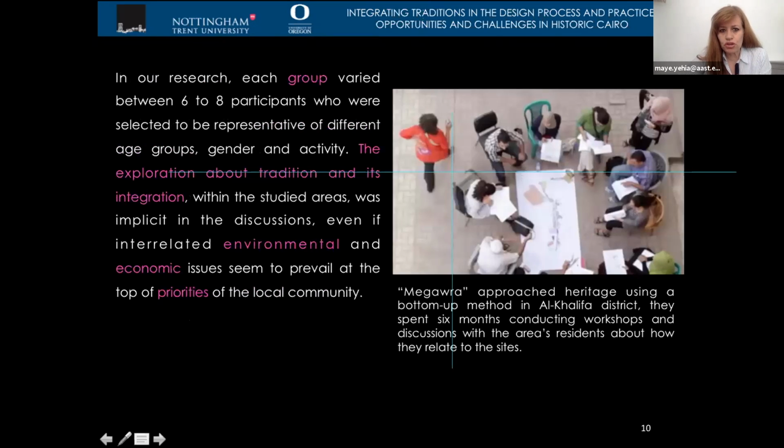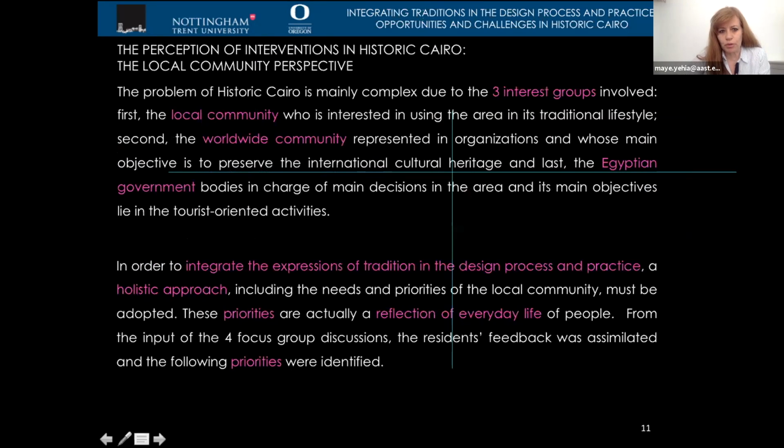In our research, each group varied between 6 and 8 participants who were selected to be representative of different age groups, gender, and activities. The exploration about traditions and its integration within the studied areas was implicit in the discussions, even if interrelated environmental and economic issues seem to prevail at the top of priorities of the local communities.